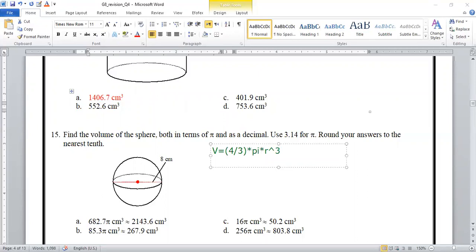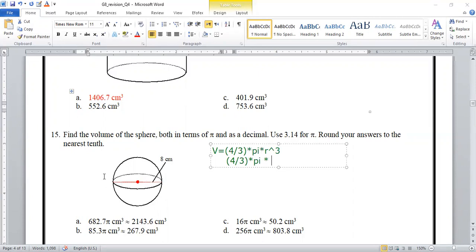Okay, 4/3 times pi, in terms of pi. First we get the volume in terms of pi times r cubed. From the figure, the diameter is 8.